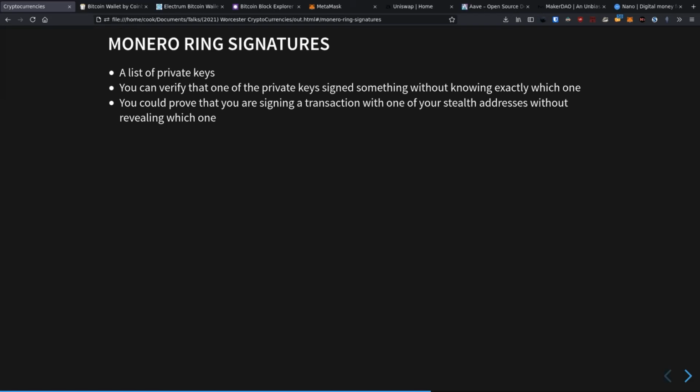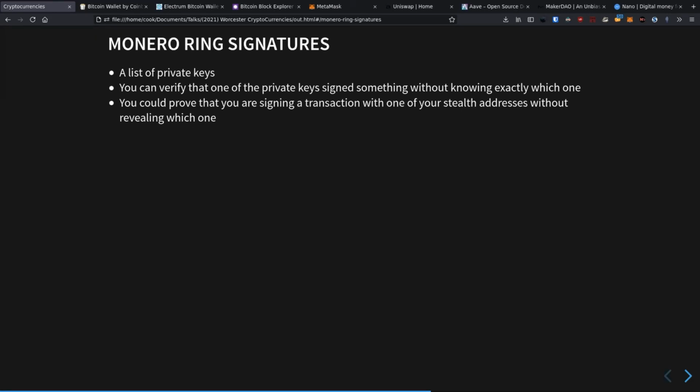So it also has ring signatures, which is a way you can, say, generate 50 private keys, and I can cryptographically prove that a message has been signed by one of those private keys without actually knowing which of the 50 signed it, which has a lot of uses.